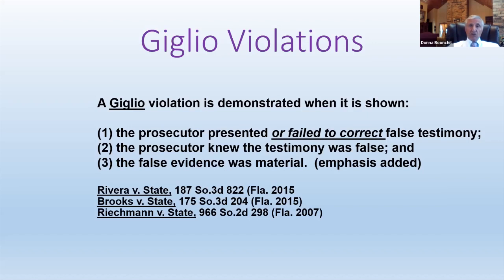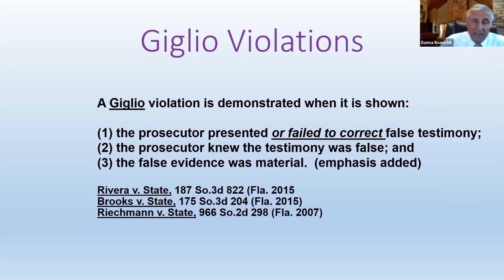Number two, the prosecutor knew the testimony was false. Well, as he's listening to that, he knows it's false because he flat out asked him that very question in witness preparation. Number three, the false evidence was material. There are a lot of cases that talk in terms of, if one witness says one thing and another witness says something completely different, that's not a Giglio violation.